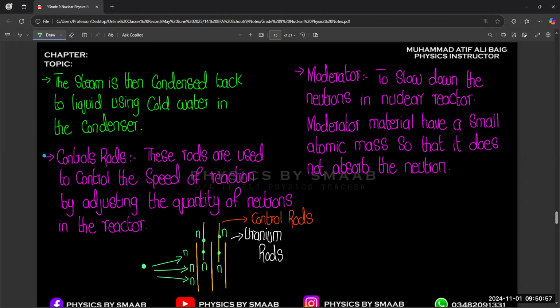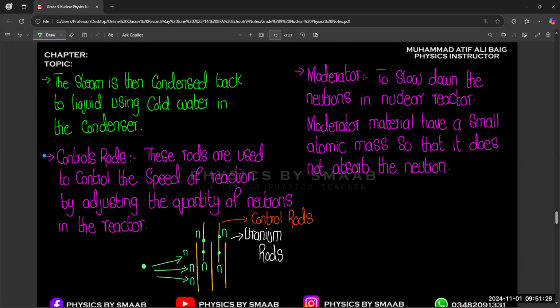Okay, because initially there is no control rod, and all the neutrons are striking the uranium rods, and they produce a very high rate of fission reaction. But when we use the control rod, neutrons are absorbed by the control rods and it will slow down the reaction. So this is the working of control rods. Okay, and that's why they are also called control rods.